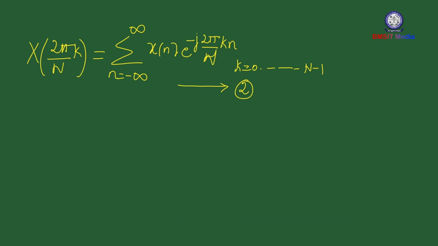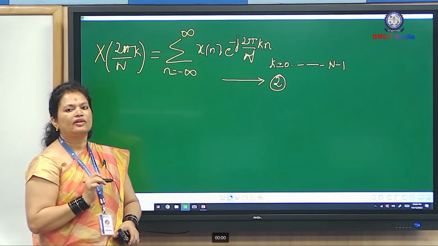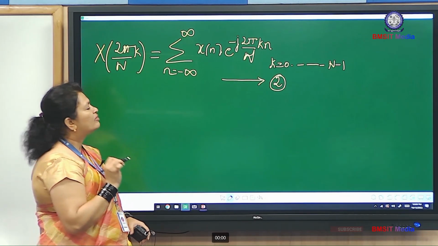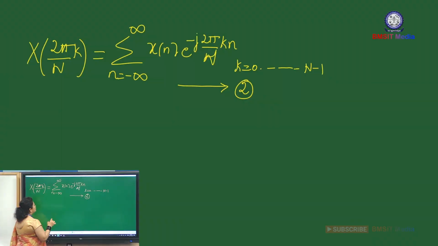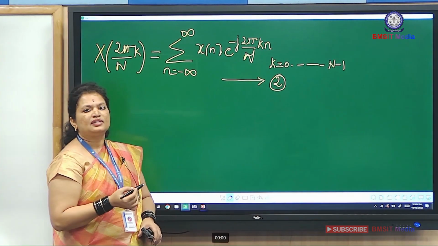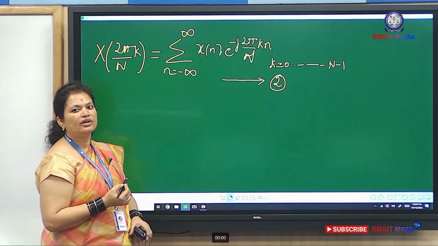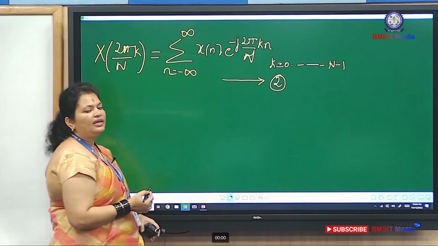Now this expression tells us what? This expression tells us that we are computing the Fourier transform at discrete frequency samples. So the discrete frequency samples are given by 2 pi by N k. Which frequency sample you are computing the Fourier transform at is indicated by k.